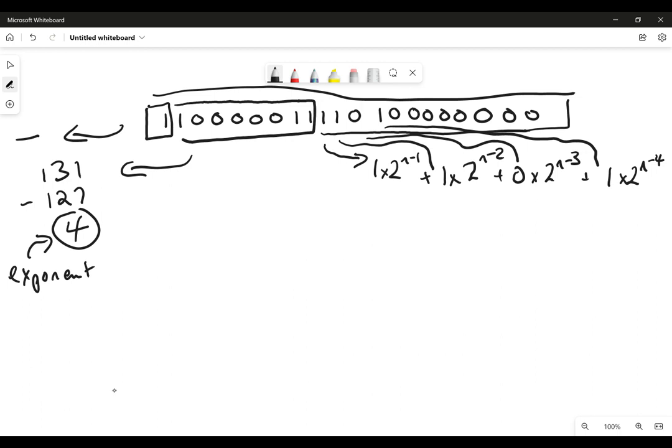But if we go 1 times 2 to the power, let's put it in brackets, minus 1, plus 1 times 2 to the power minus 2, plus, I'll skip that one, it's going to be 0, so I'll go on to the 1 times 2 to the power of minus 4, so plus 1 times 2 to the power of minus 4 equals.